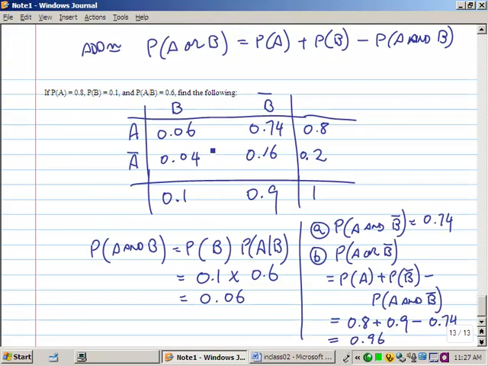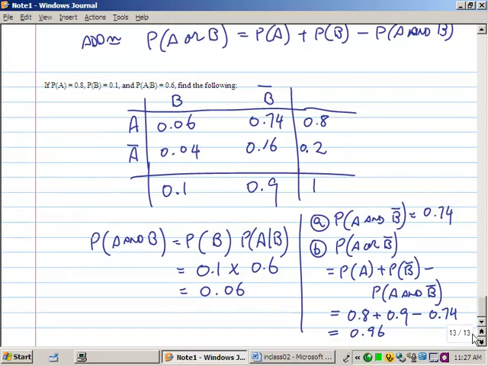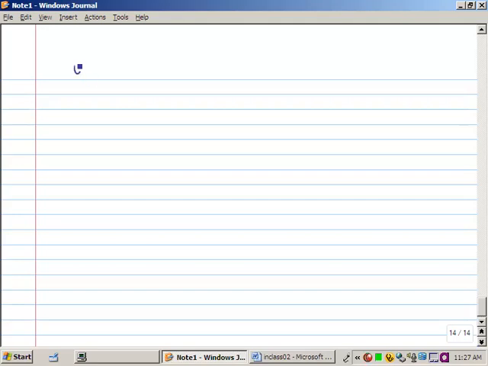C, are A and B mutually exclusive? Well, short answer is no, because probability of A and B is 0.06, and to be mutually exclusive that would have to be 0. Alright, but let's write that out.